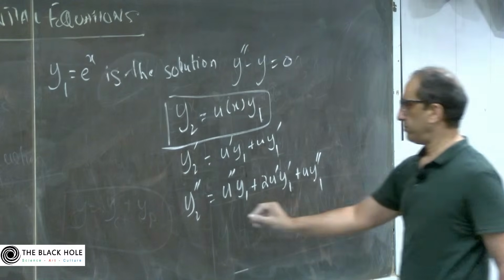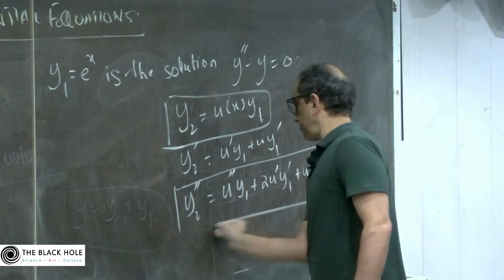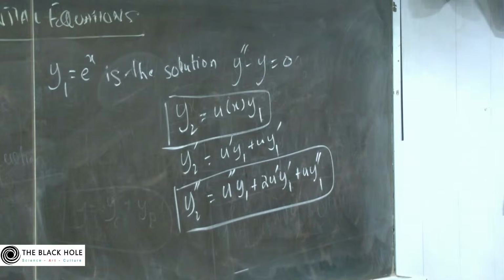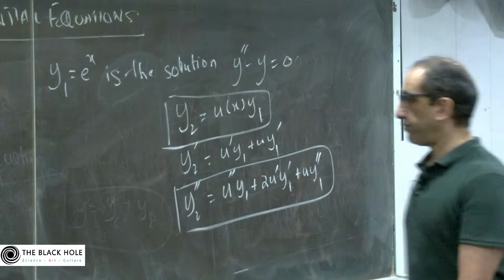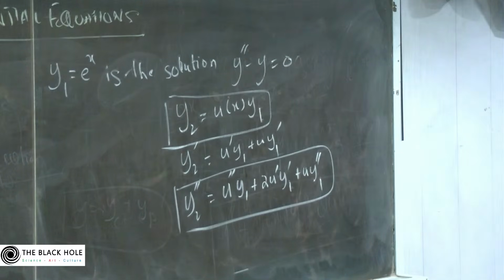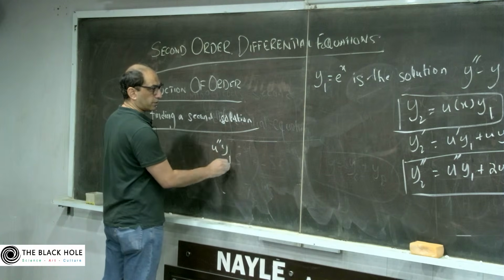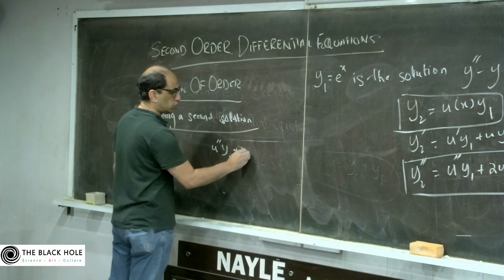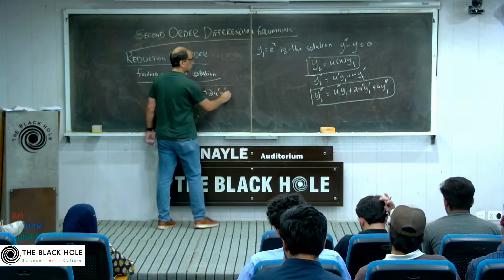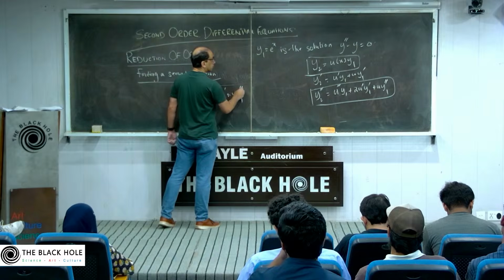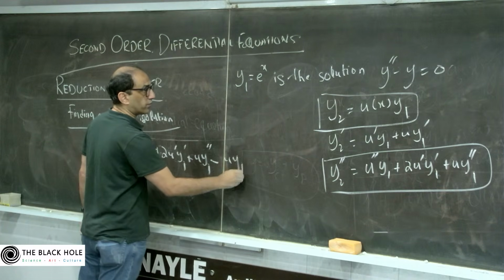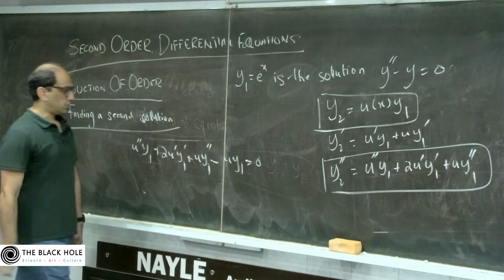You have this and you have this. So basically I will have u double dash y1 plus 2u dash y1 dash plus u y1 double dash minus u y1 is equal to 0.